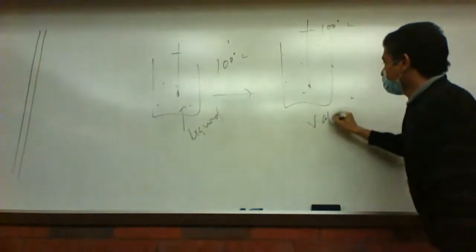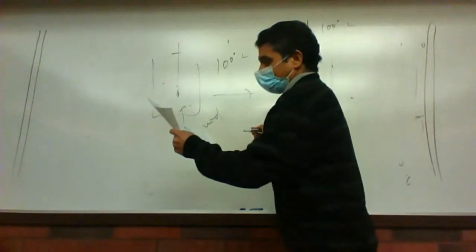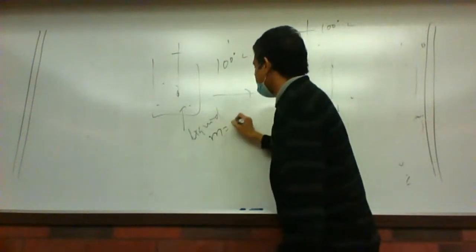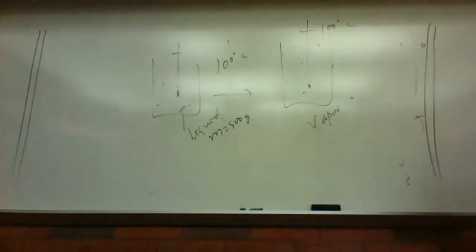So this is vapor. And how much mass do I have here? The mass is 500 grams. Again, same thing. I already told you in the previous slide, 1 gram of water at 100 degrees centigrade would take 2256 joule, a lot.